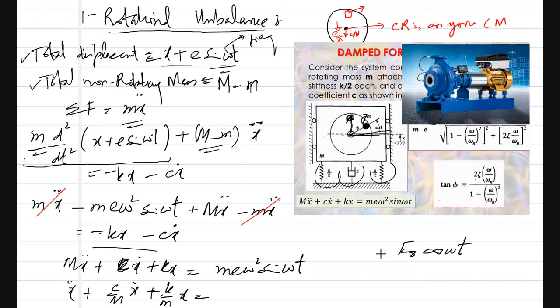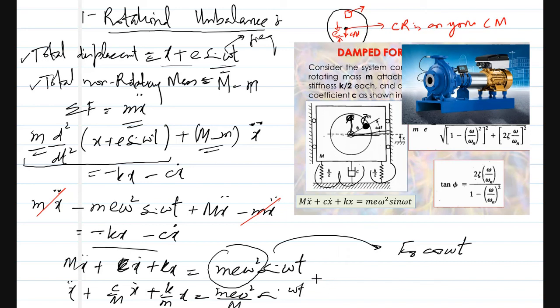When it comes to maximum position, the force is maximum. That is governed by sine. So this is your f naught. If you compare it with this equation, this is your f naught: me omega square sine omega t divided by capital M. Clear?